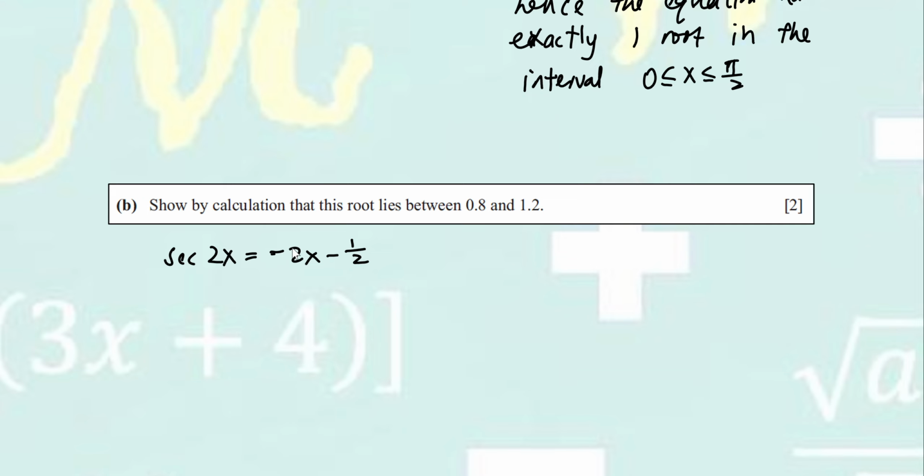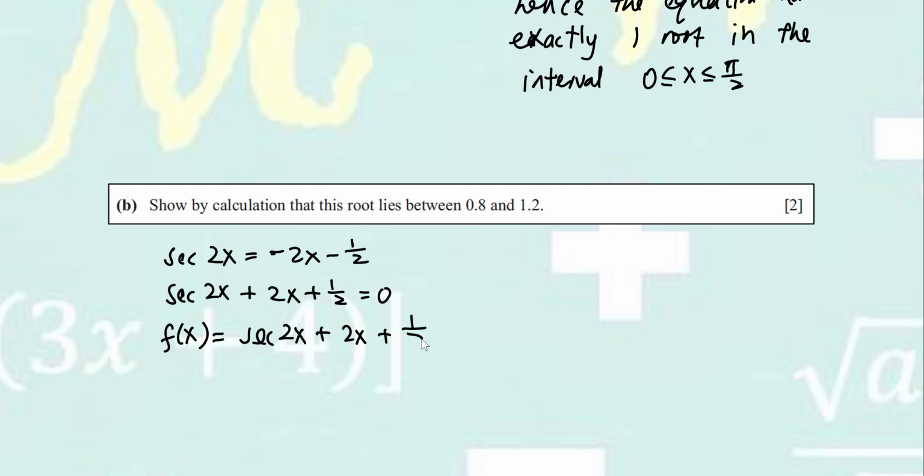So now move all the terms to the left side to get all positive. So I will get sec 2x plus 2x plus half equals to 0. So to show the root lies between the two values, I'm going to use the sign change rule. So I define my f(x) first. And now calculate both values.